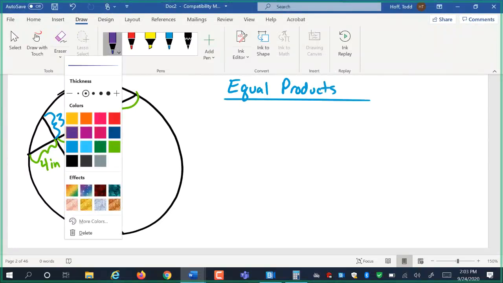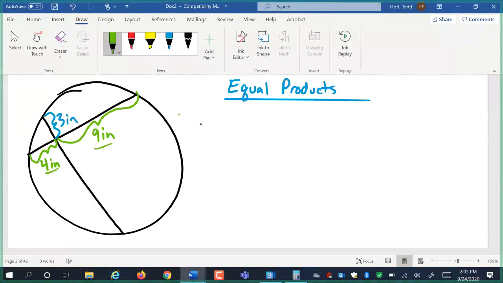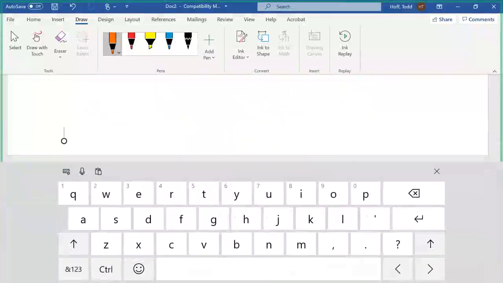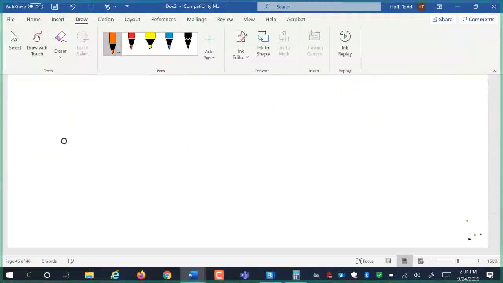So that means in the green there, we have 4 inches and 9 inches. If we multiply those together, 4 inches times 9 inches, of course that gives us 36 square inches here.